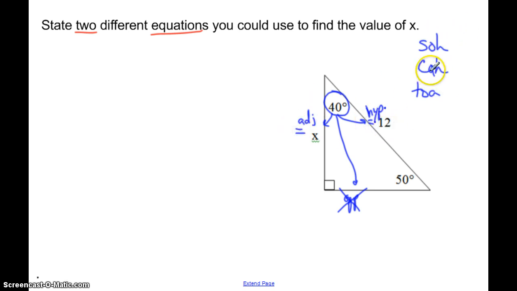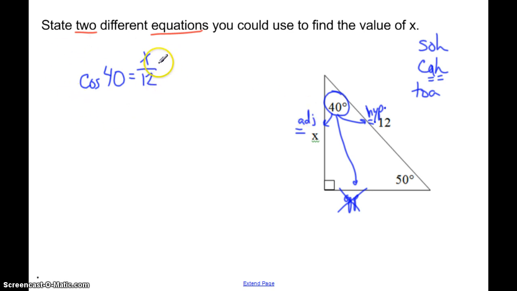If I think SOH CAH TOA and even jot it down on the side of my page, I'm looking for A and H, which are right here. So I could use the cosine of my angle equals adjacent over hypotenuse. I can use this formula.